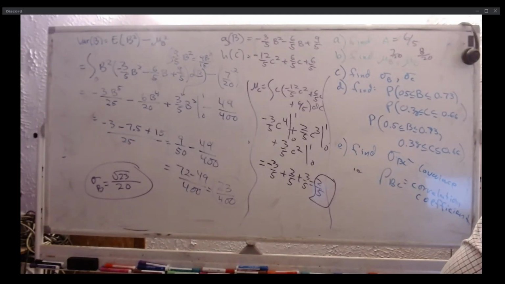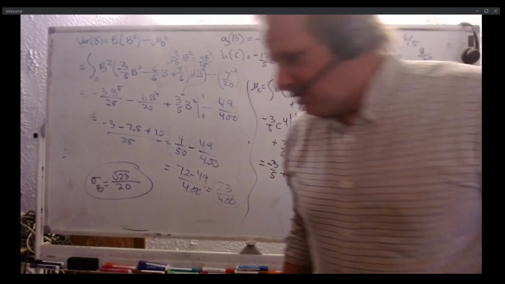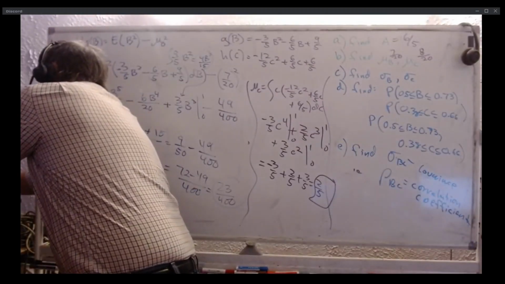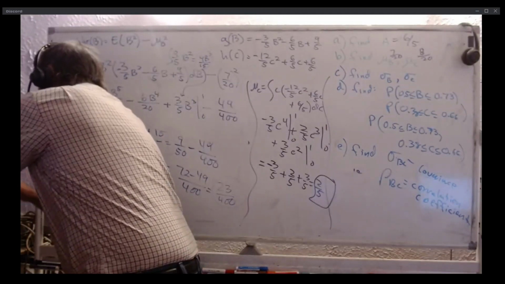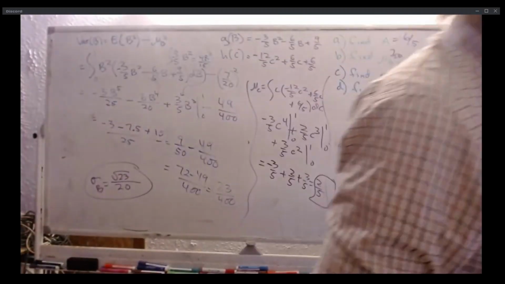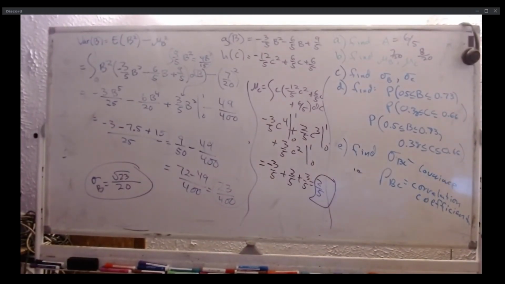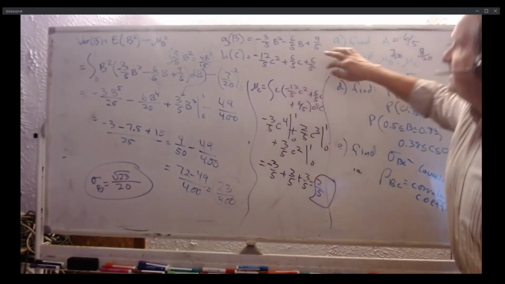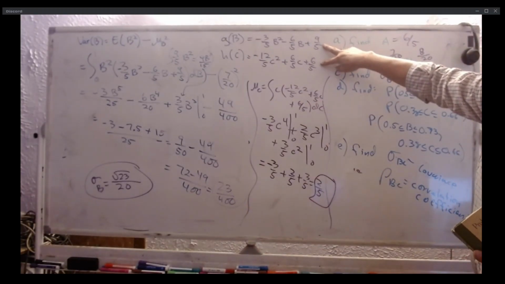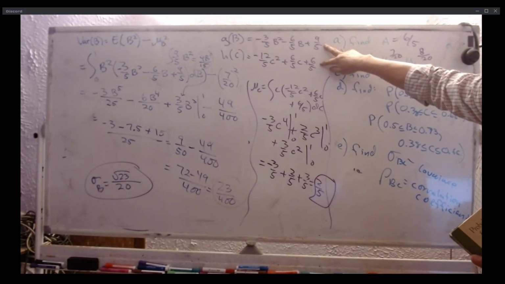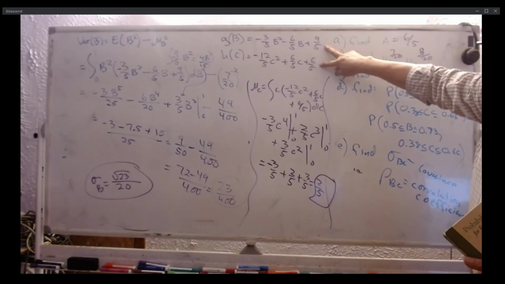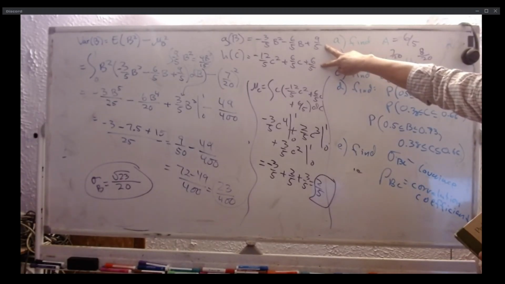One thing I wanted to point out was, I don't think we did this, but do you see? We found G of B and H of C the other day, right? These are the marginals. Do you see that these are in and of themselves valid PDFs, just like in the discrete case?